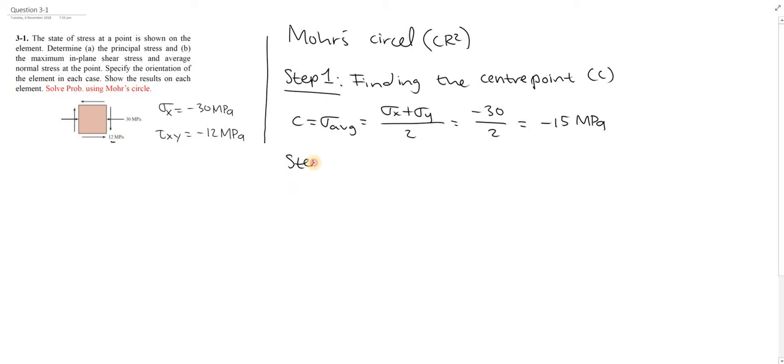Our step 2 refers to the first R, which is our reference point.